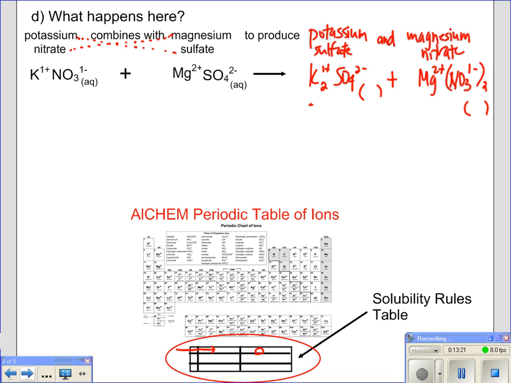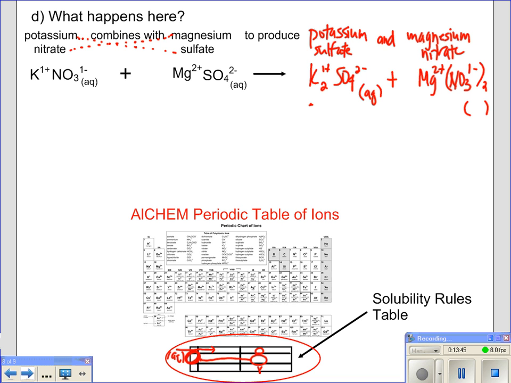And the exceptions listed are silver, lead 2 plus, calcium, barium, and strontium. So fortunately, magnesium is not located as one of those exceptions, so it must be right here, which means it's soluble. And soluble means aqueous. So up here, we can put AQ. It would stay dissolved in water quite nicely.